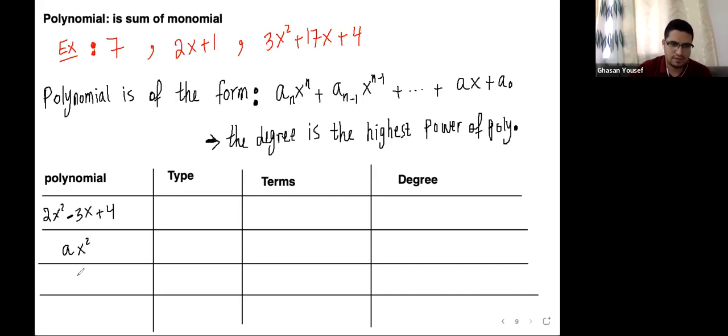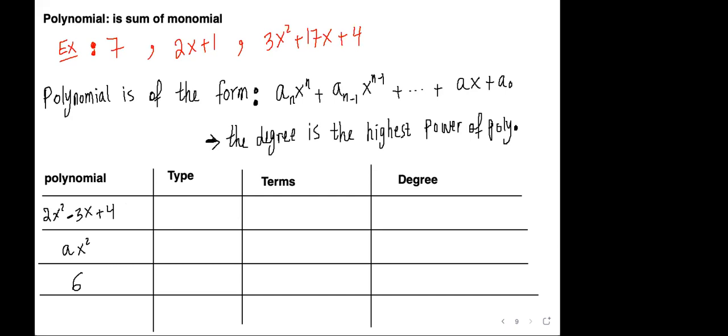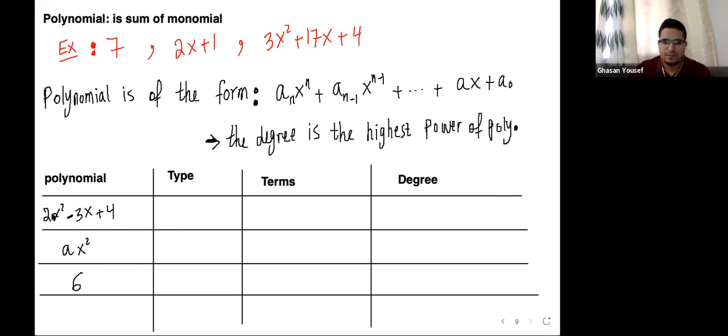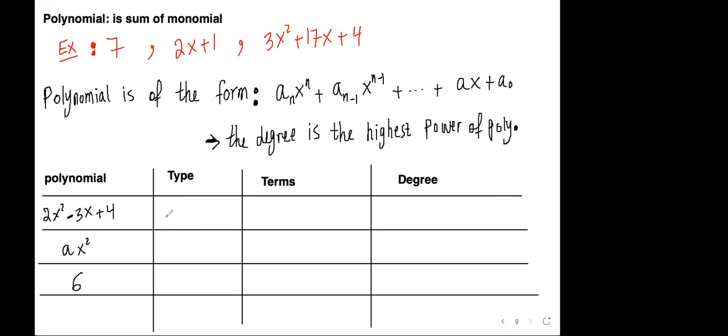The third one is number 6. Now, what's the type of this polynomial? Any answer for the first one? We have 3 terms here. 1, 2, 3. So if I have a sum of 3 monomials, it's called what? Trinomial. So this is a trinomial.